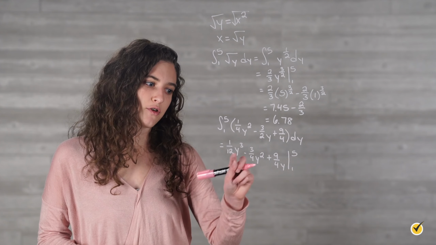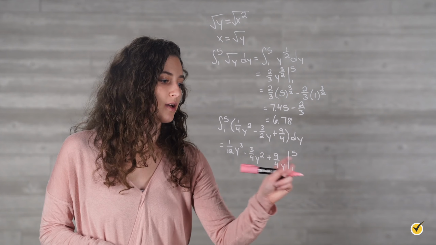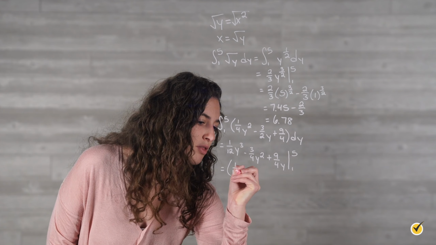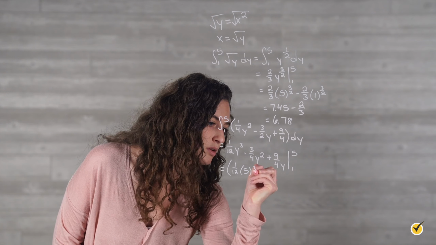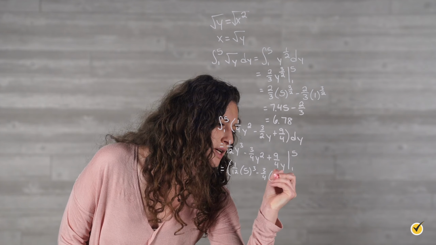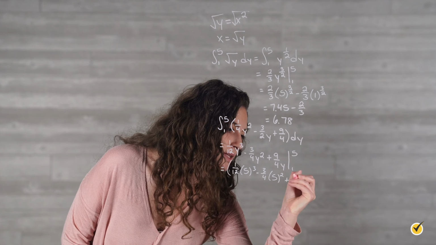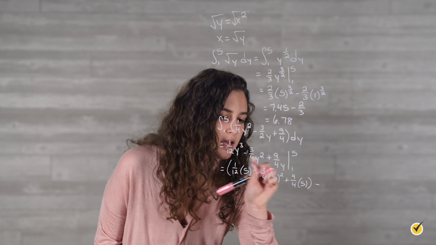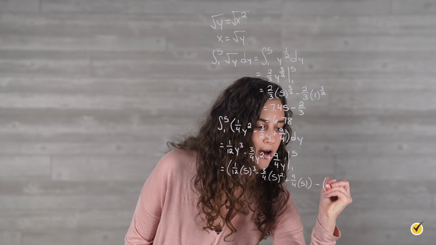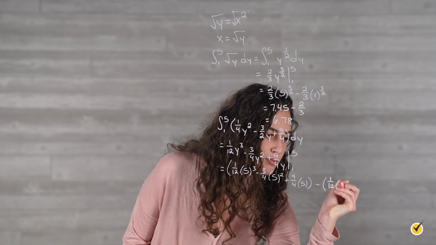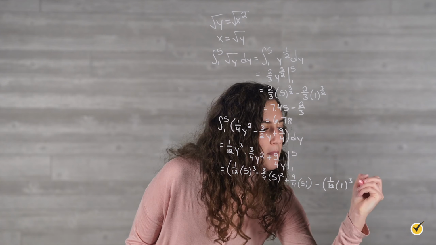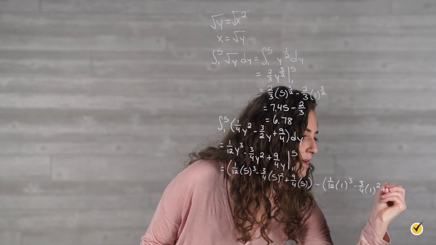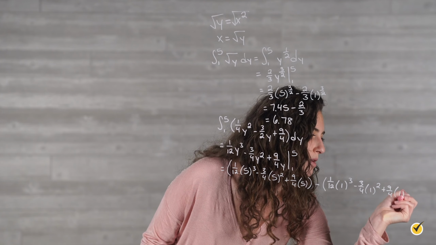So if we plug in 5 for all of our y values and then subtract plugging in 1 for all of our y values, we'll get this. 1/12 times 5 cubed minus 3/4 times 5 squared plus 9/4 times 5. Then we'll subtract plugging in 1 for all of our y values. So we'll have minus 1/12 times 1 cubed minus 3/4 times 1 squared plus 9/4 times 1.